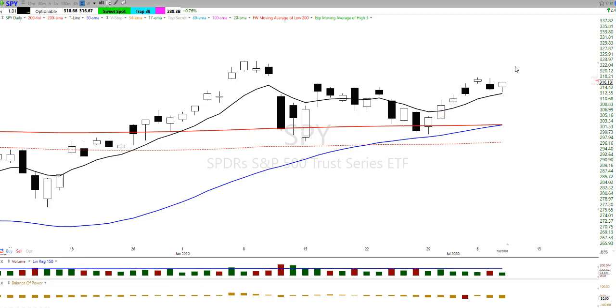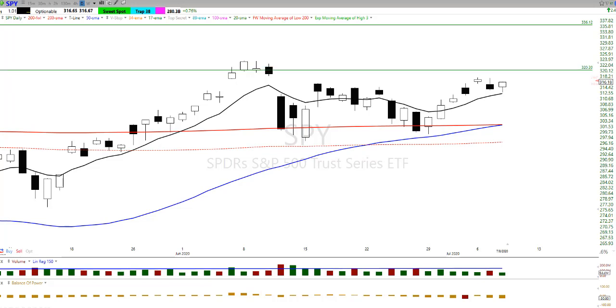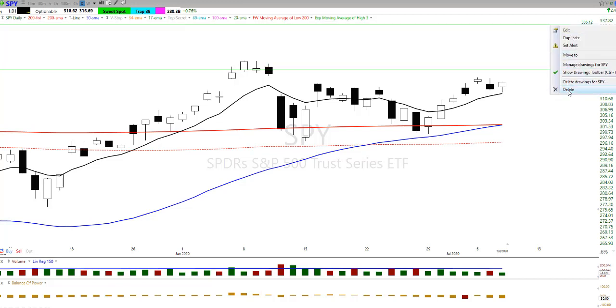So here's what we're looking for. Right now, let's put a line here, change that to daily, making a few adjustments. You have to think that maybe we're headed up here. There you go.